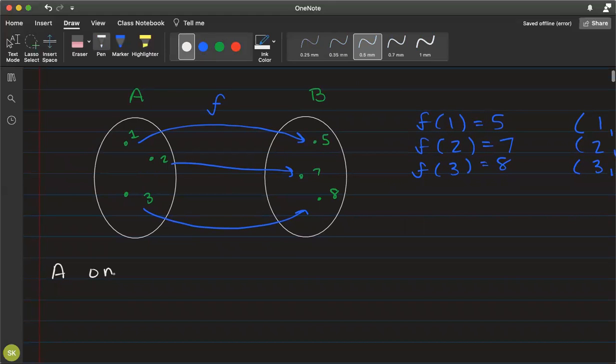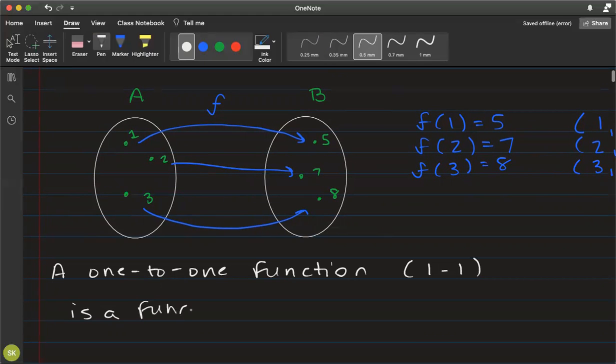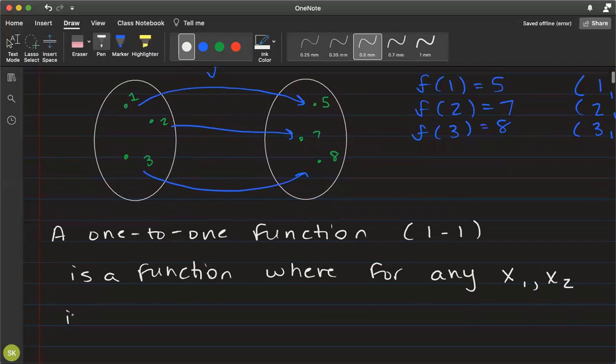So a one-to-one function, and you'll see me abbreviate this as 1-1 like that, so as one-to-one. A one-to-one function is a function where for any x1 and x2 in the domain, f of x1 is not equal to f of x2.